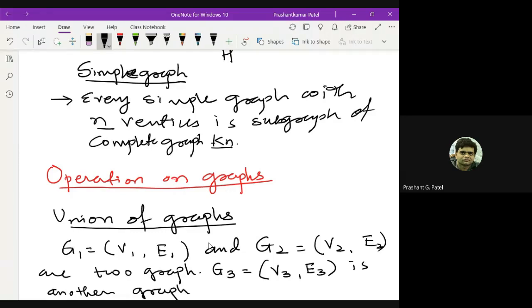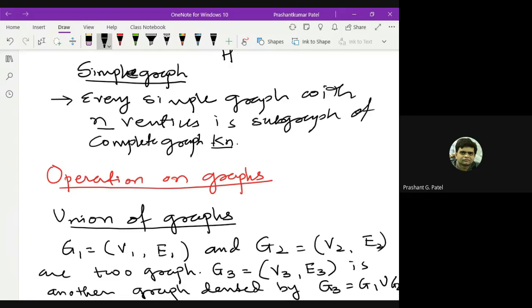If I want to say that G3 is the union of G1 and G2, it is denoted as G3 equal to G1 union G2.